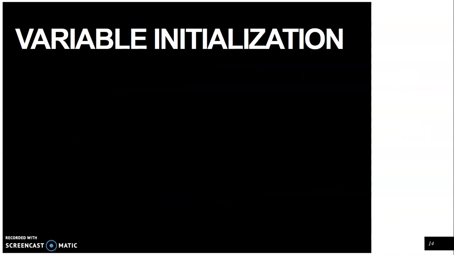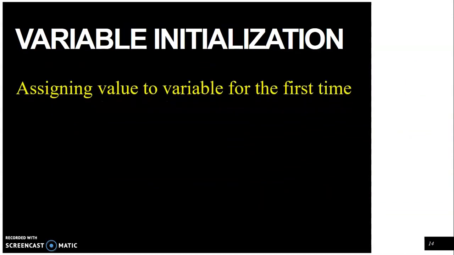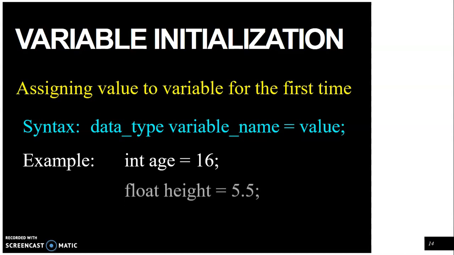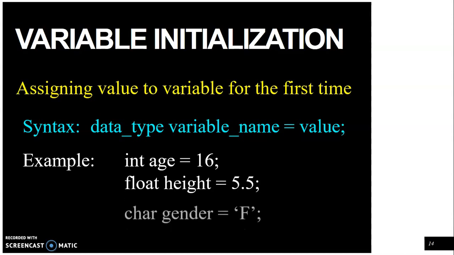So now it's time to initialize a variable. Assigning a value to the variable for the first time is known as variable initialization. The syntax is data type, variable name, equals, value. For example, int age equals 16, where int age is the declaration part and equals value is the initialization. Float height 5.5 and char gender f.